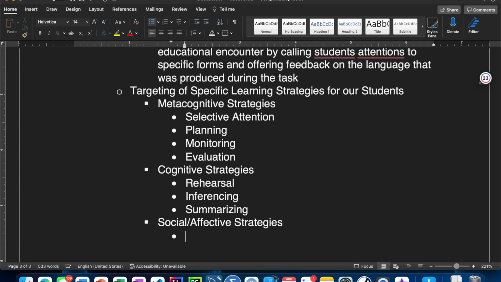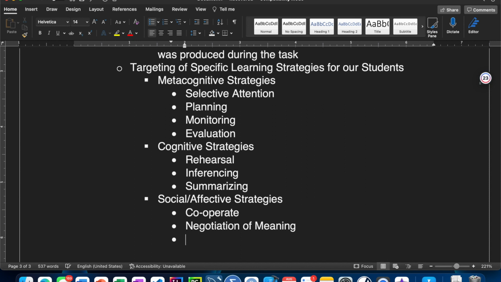So we may have activities that require students to cooperate with each other and to negotiate meaning. We may also task them with an activity that we know will have elements that are beyond their current abilities, which will then require them to engage in a form of repair as they're interacting with their classmates, right?